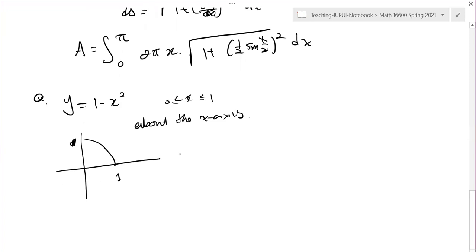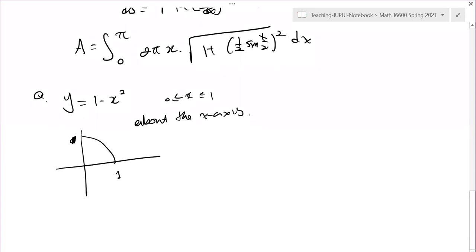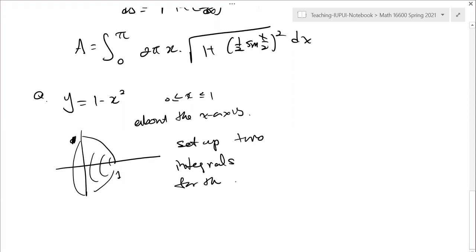Okay, I want you to set up two different integrals for the area of the surface, with respect to x and y. Two integrals.